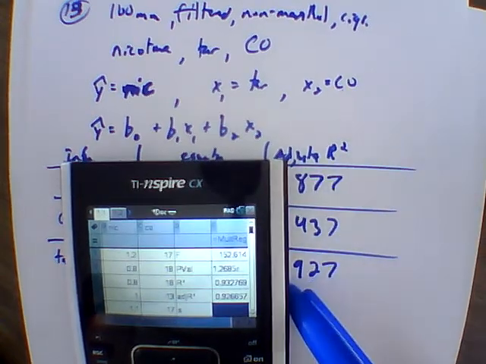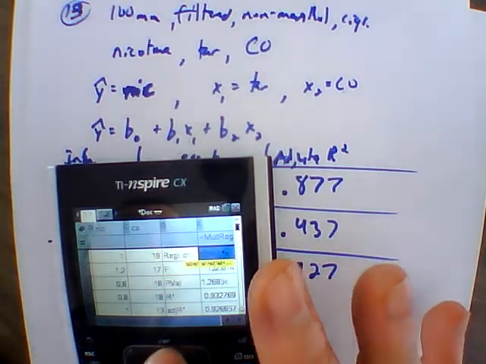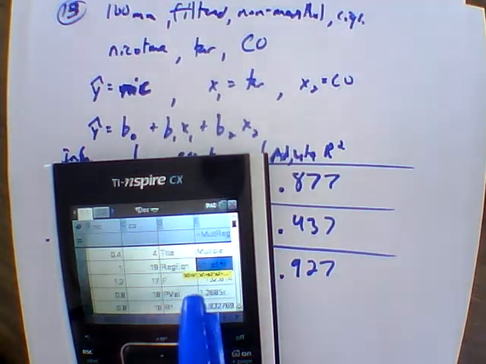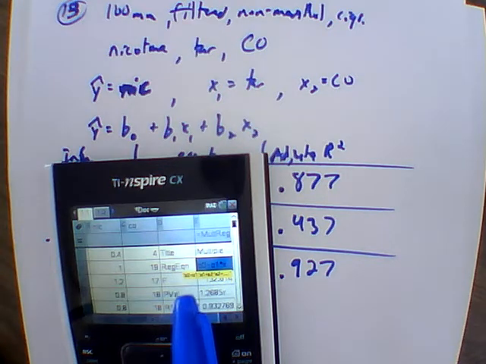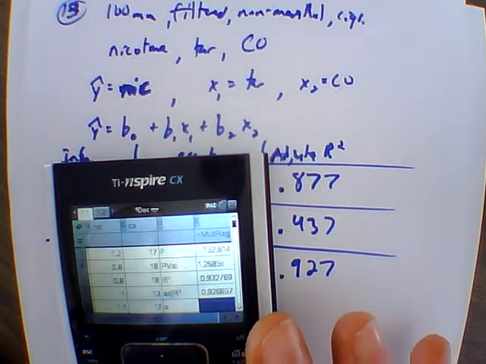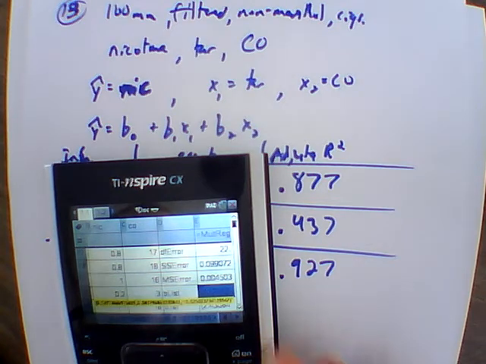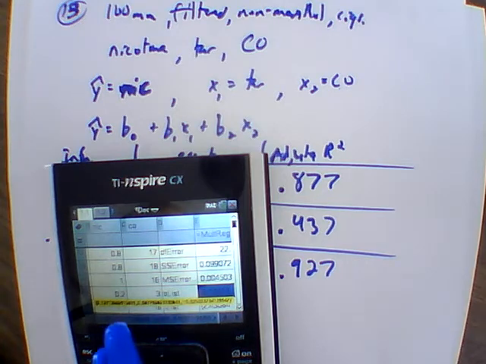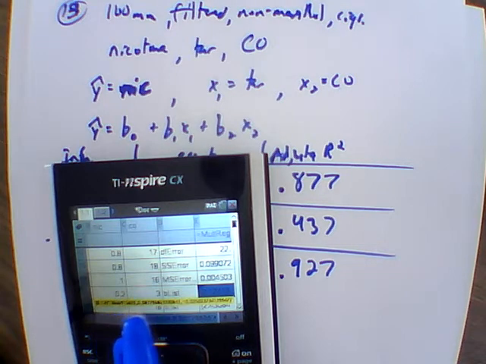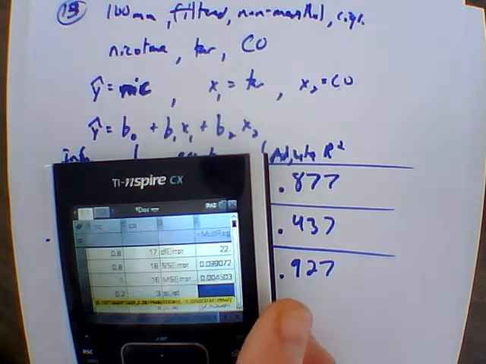So 0.927 was what we had here. But one of the main features on here is that it lists out our formula. Under that regression equation, it lists out that formula, b0 plus b1 times x1 plus b2 times x2. So if we come down a little bit, we will see our b list. On that b list, it gives us b0, b1, b2 lined out on here.